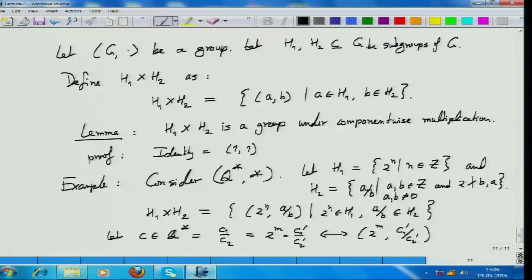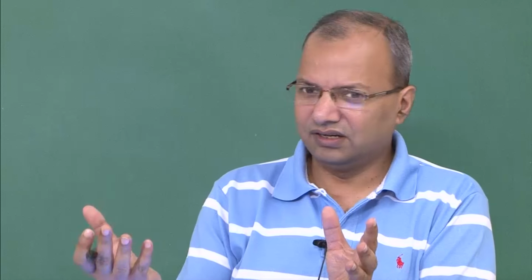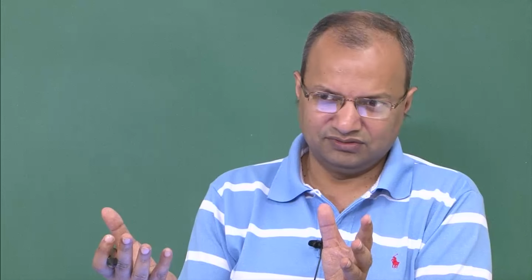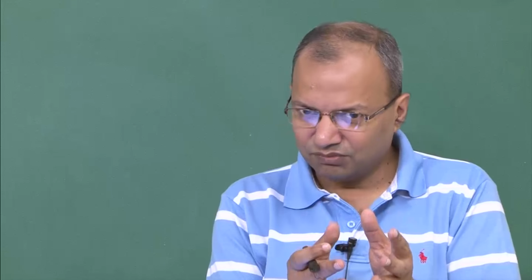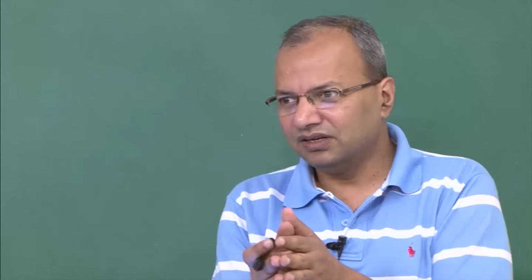You multiply the powers of 2 of the two numbers and the odd parts also you multiply, which is exactly what the operation on H1 cross H2 is. So this demonstrates a complete correspondence between Q star and H1 cross H2. And that's the situation when we say that a group like Q star can be factored or written as a product of two subgroups.